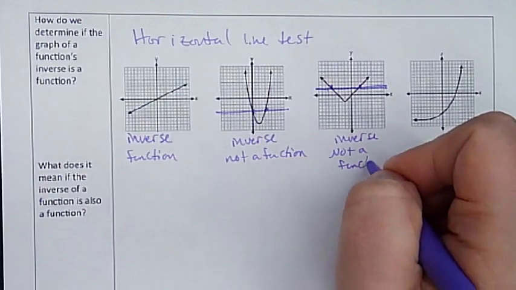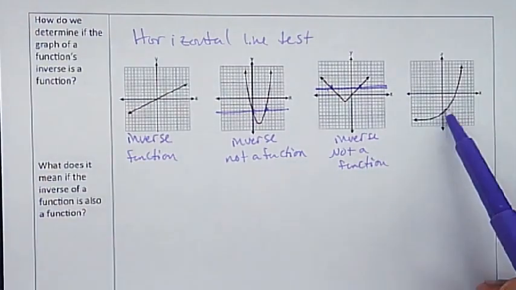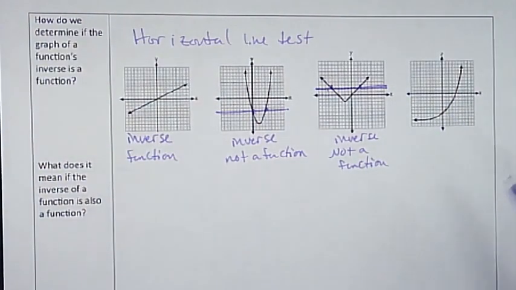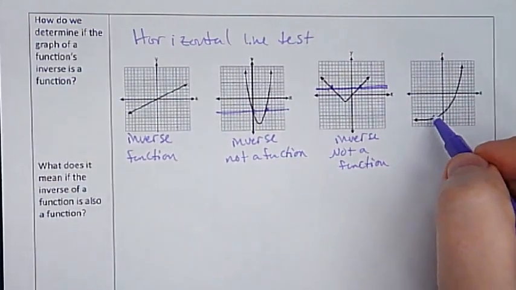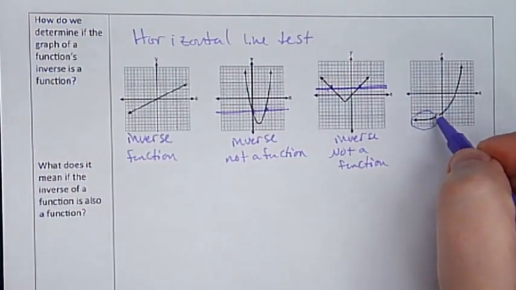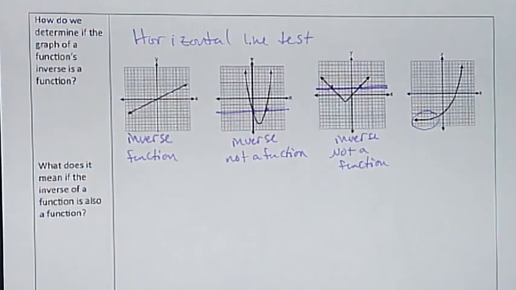And my last one here is an exponential. And it looks like it comes pretty close here. But we also know that exponential functions have a horizontal asymptote where it is approaching that number but never actually gets there.